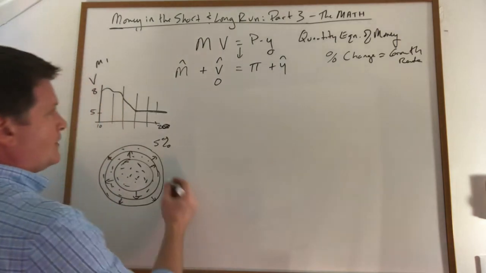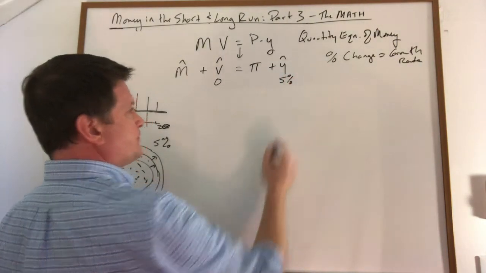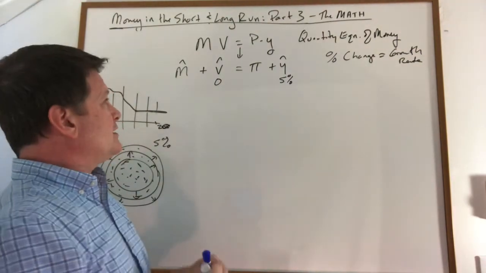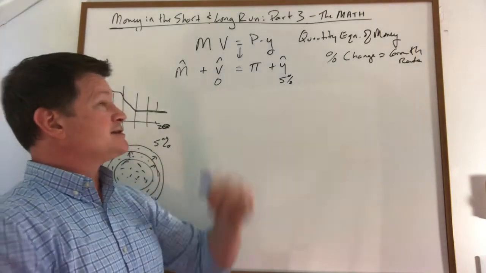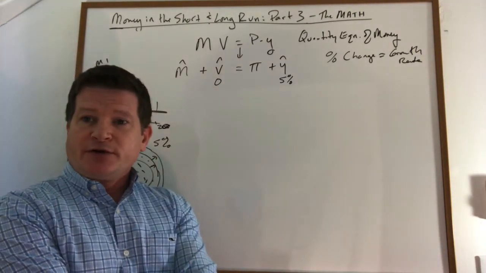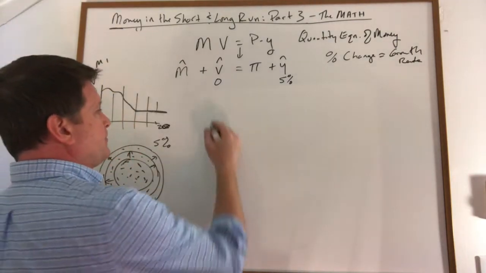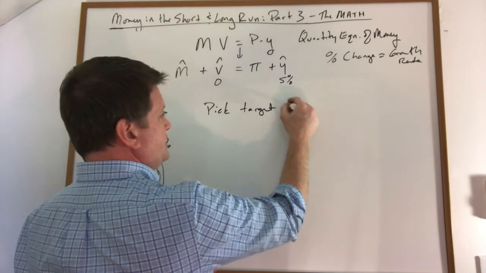So we're going to suppose the economy's growing already at 5%. We're going to assume velocity is more or less 0, changing is 0, it's constant. So what the central banks usually do is they pick a target inflation rate.